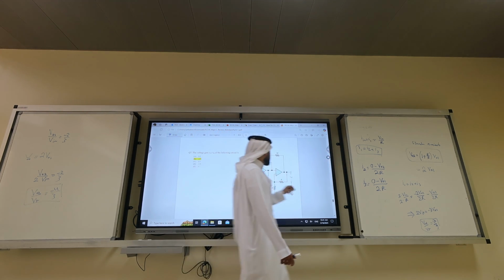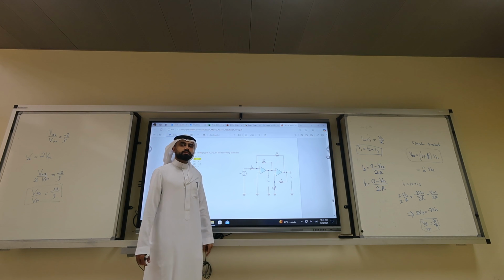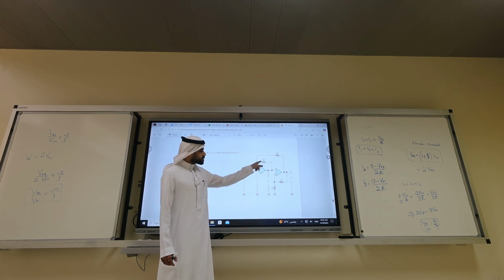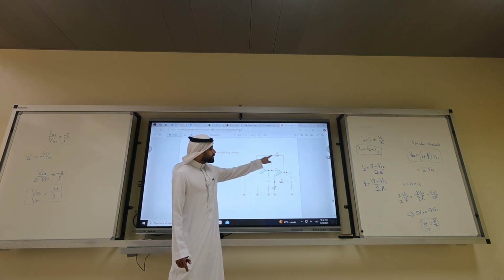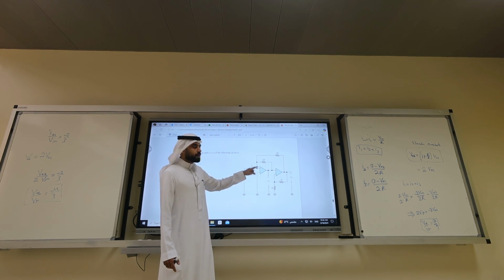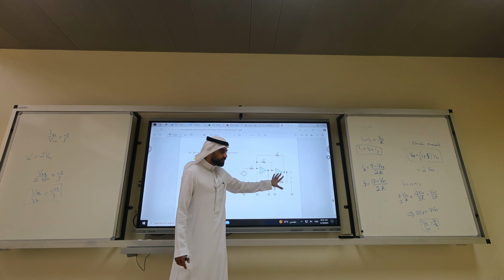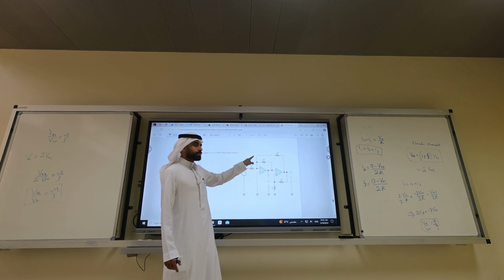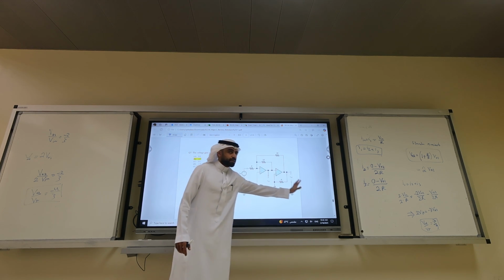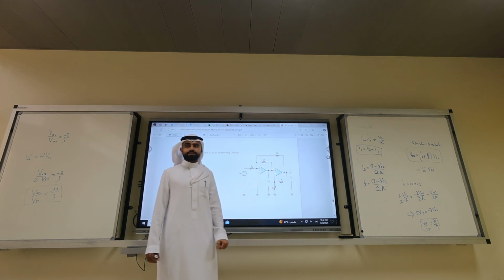You cannot say it's minus 2R over R, because you have another feedback coming. But for the non-inverting amplifier, you only have the standard connection. You can ignore this cable for the non-inverting amplifier.